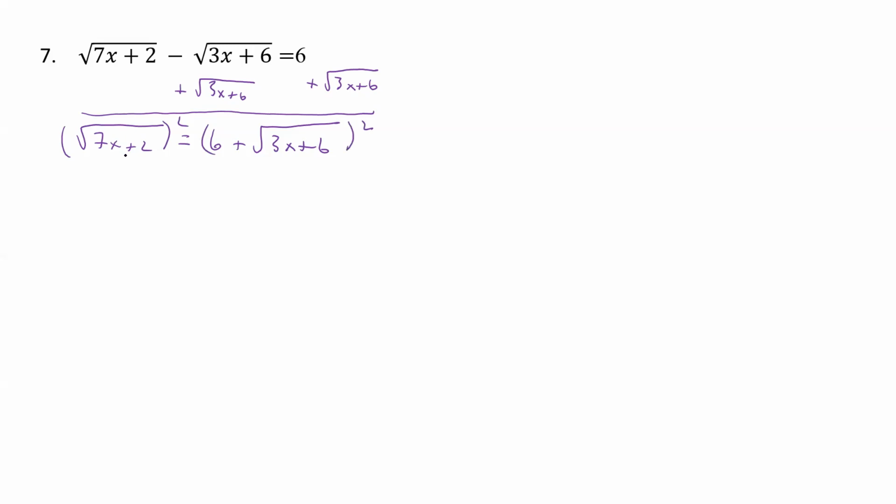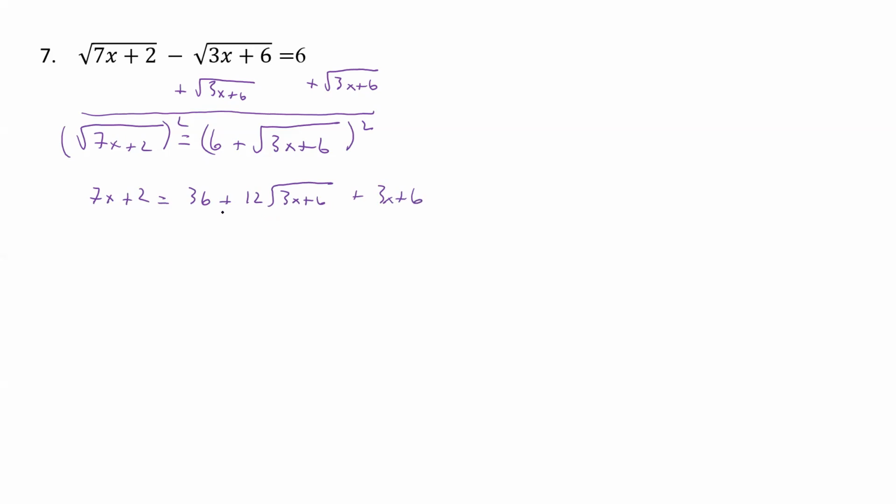Now when you square a square root, you just get what's underneath it, so 7x plus 2. And now we square this, so 6 squared is 36 plus, now we take 2 times 6 times that, so it's going to be 12 square root 3x plus 6, plus, and when you square this, we just get 3x plus 6.